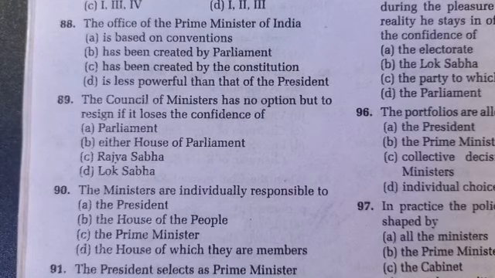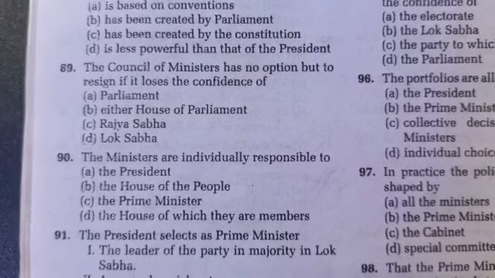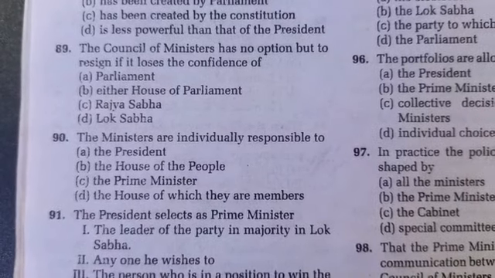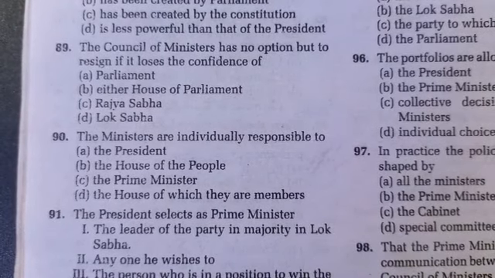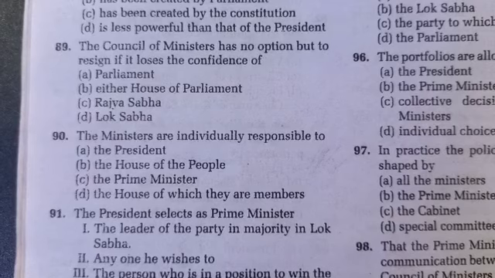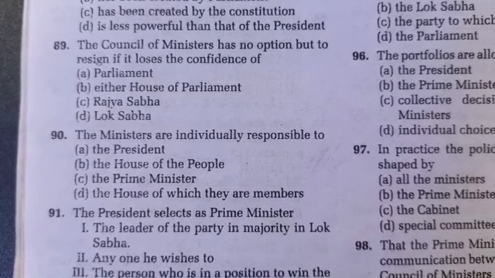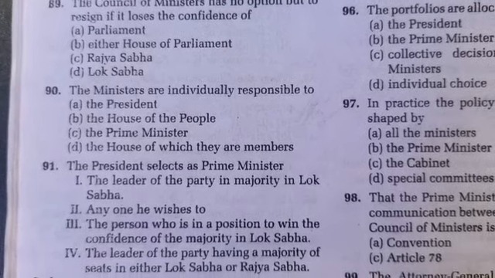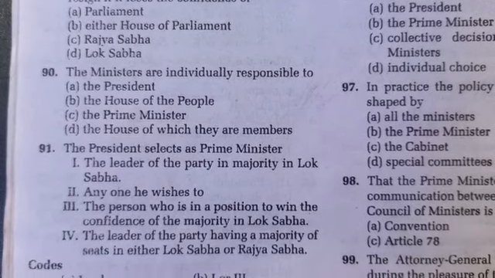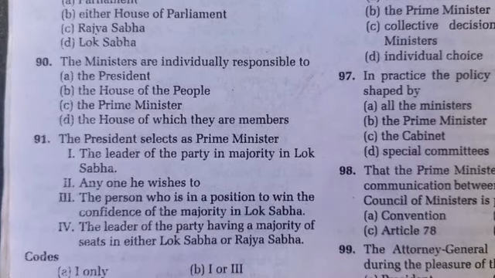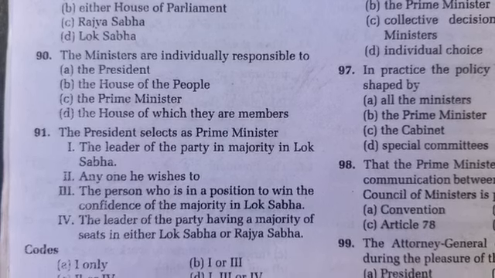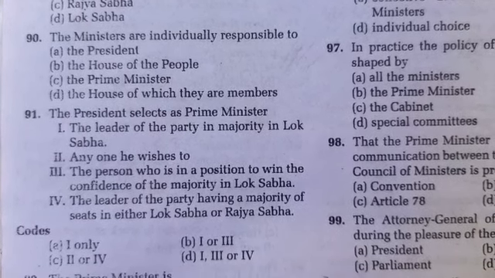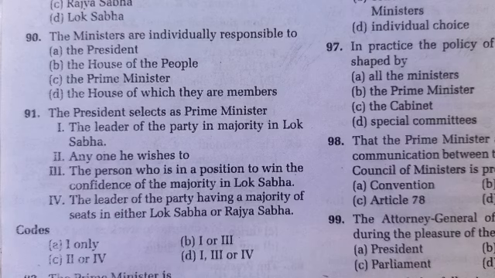Option D is correct. The ministers are individually responsible to. Option A is correct. The ministers are individually responsible to the President. The President selects a Prime Minister. So option B is correct.